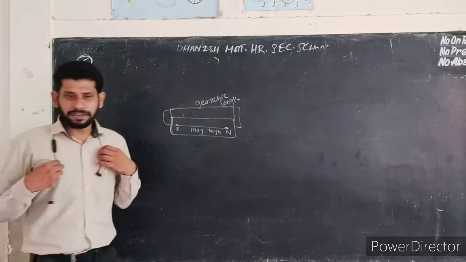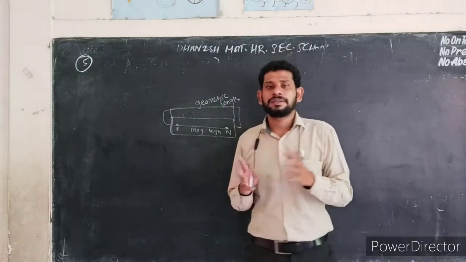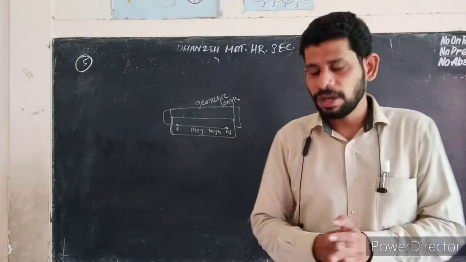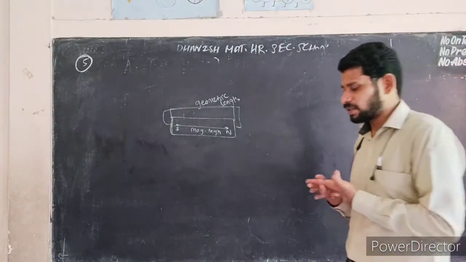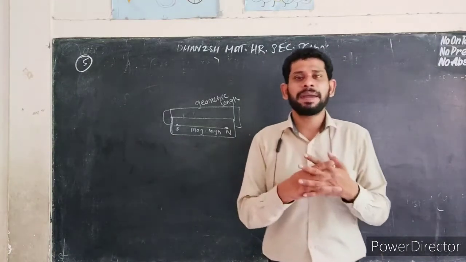The properties of magnets, types of magnets, there are a lot of things. First, there are two types of magnets: natural magnets and artificial magnets. What is meant by natural magnets? Natural magnets occur in nature, but they have weak magnetism or a weak magnetic field.